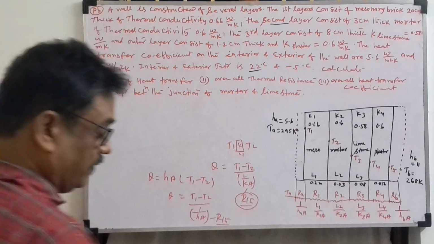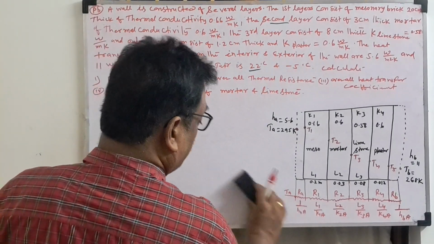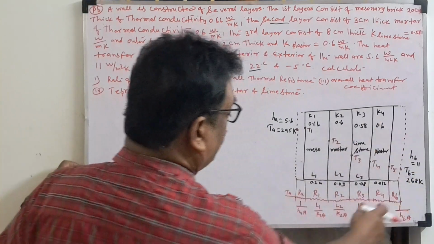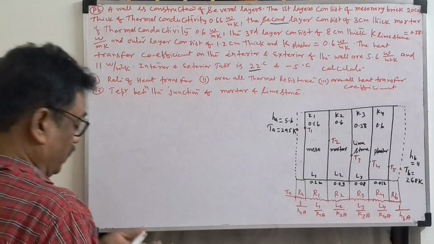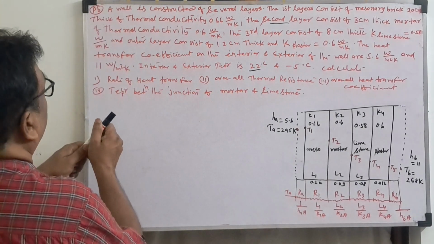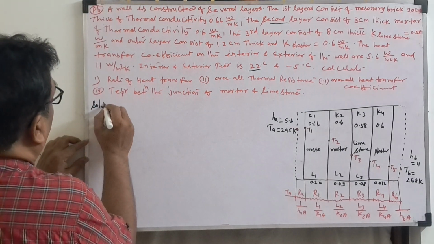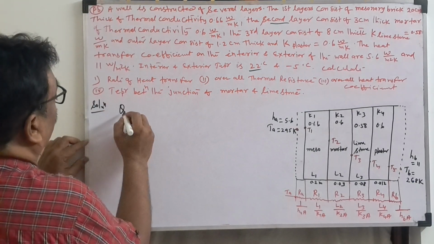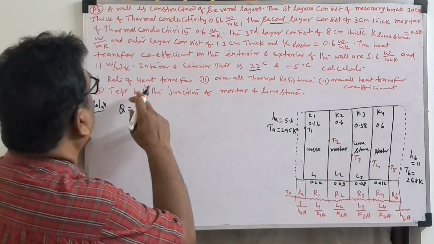So now look here. How to write now? How to solve this question? See, once this is written, almost 50 to 60% of the work is over. Now first one we will solve. What is this first one? Heat transfer rate Q. They are asking the rate of heat transfer.